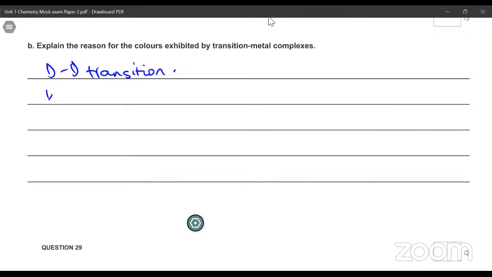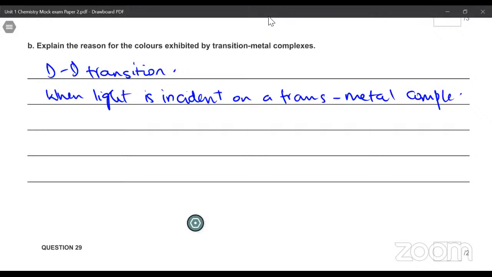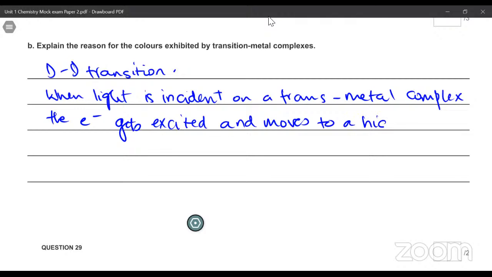So what happens is when light is incident on a transition metal complex, the electron gets excited and it moves to a higher d orbital, or a d orbital of higher energy state.